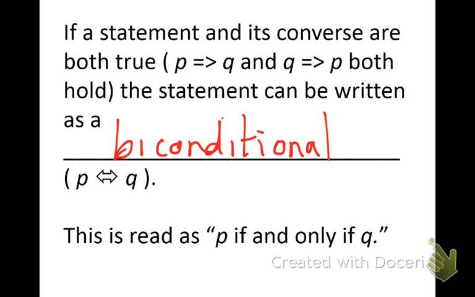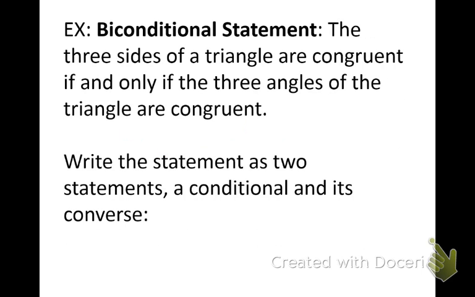This is read as P if and only if Q. Biconditional statement: the 3 sides of a triangle are congruent if and only if the 3 angles of the triangle are congruent. So that means it's true both ways. I could say the if-then of this, and I could do the converse, and both would be true.